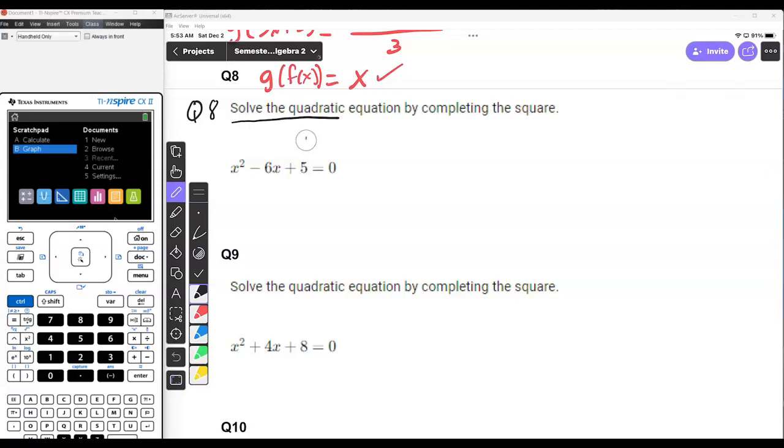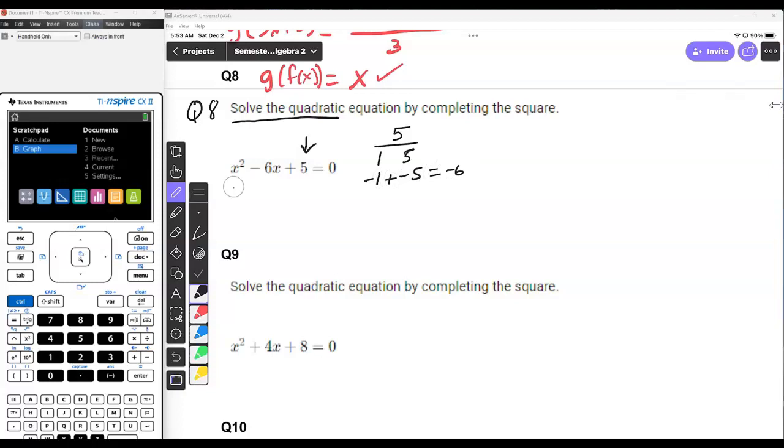So I'm going to look at the factors of 5. So the factors of 5, 1 and 5, negative 1 and negative 5. So the ones that we're going to use are negative 1 plus negative 5, that gives negative 6.